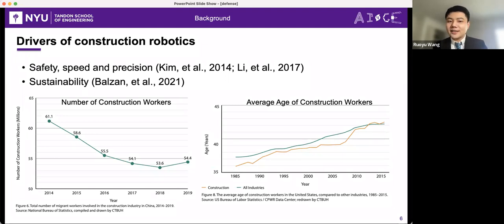And from a sustainability point of view, some statistics show a decreasing trend in the number of workers and an increasing trend in the average age of construction workers. That tells us construction robotics is in urgent need.